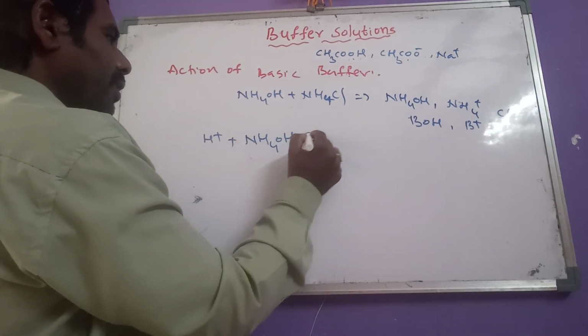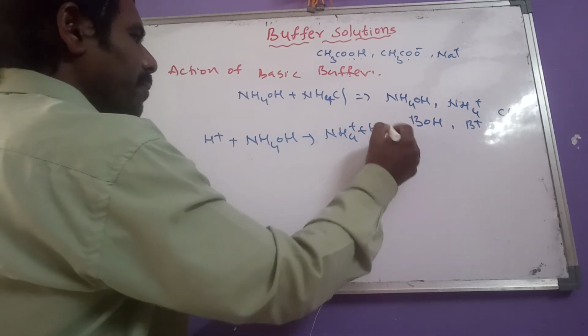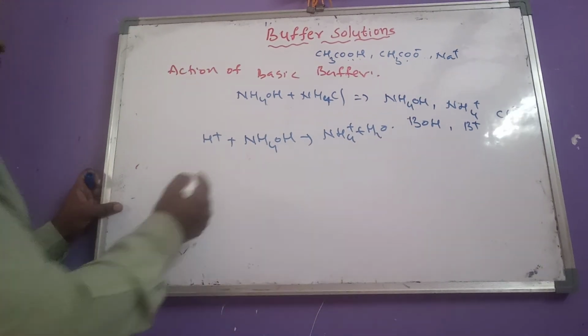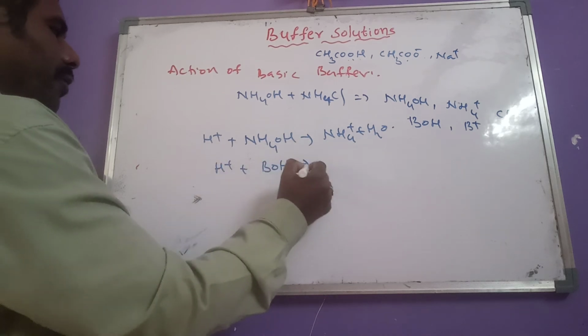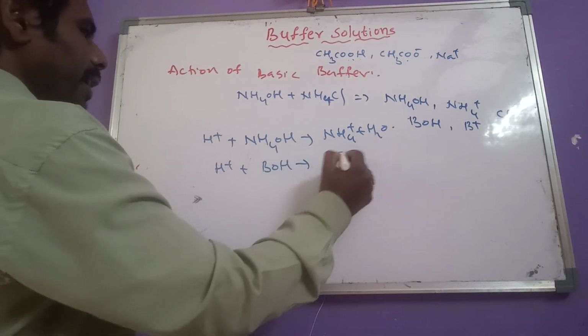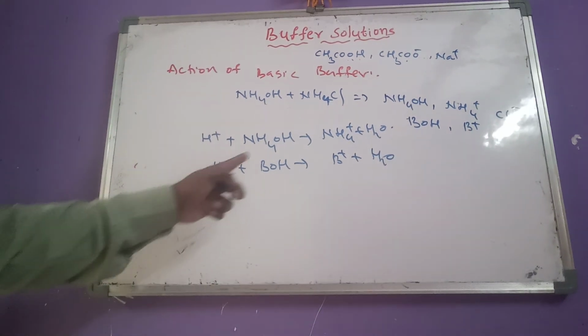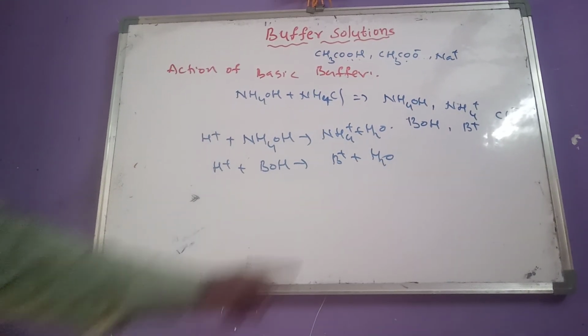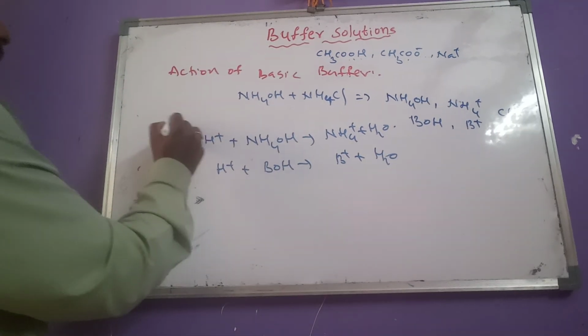This will react with H plus and produce NH4 plus and H2O. So when acid is added, BOH will react with H plus ions and remove them as water. Now there is no change in pH value. This is the general equation.